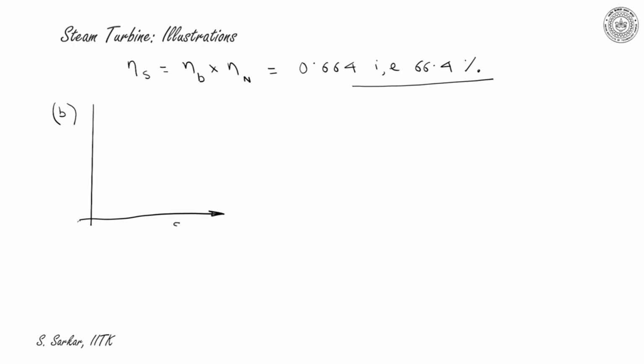So this is S and this is H. This is the saturation line. This is the constant pressure line.